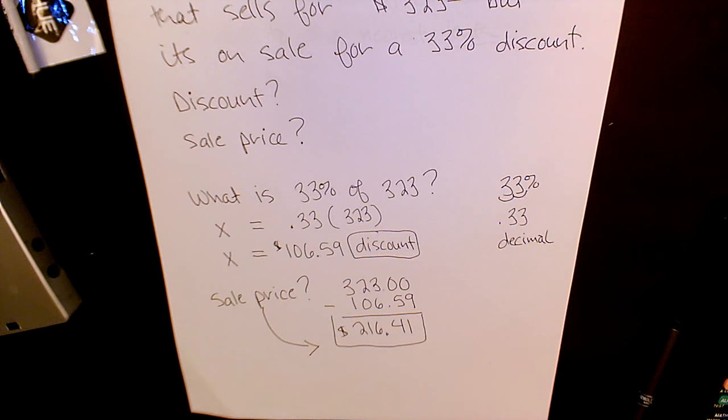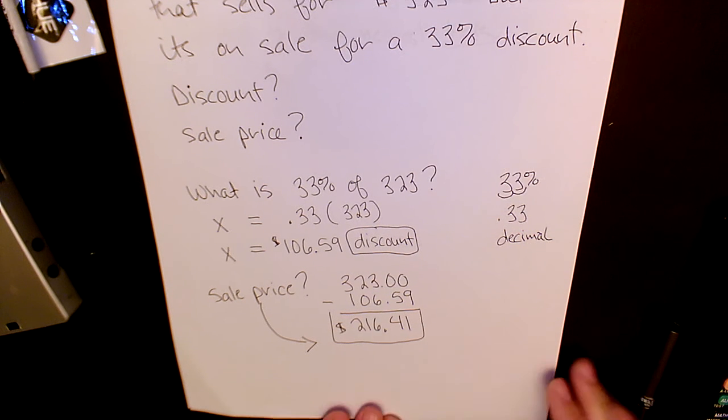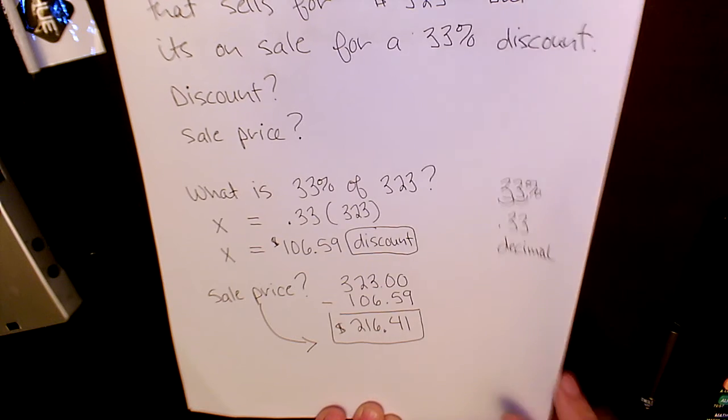If you buy something, of course you're going to have to pay tax on it, so you're going to add on tax. So we're taking off money for discount, and we're adding on money when we have tax. So that's the first one. Let's go to the next one.